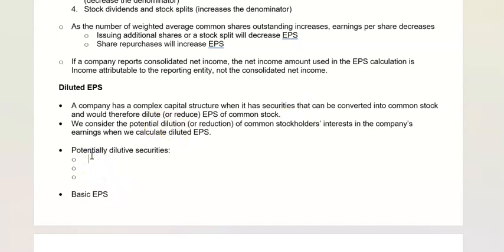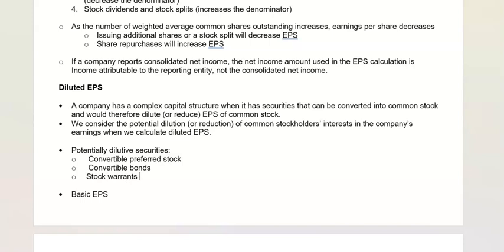Three common examples are convertible preferred stock, convertible into common stock at the discretion of the holder or the investor in the preferred stock shares; convertible bonds, bonds issued by the company that allow the bondholder to decide if and when they want to convert those bonds into shares of common stock; and another common one is stock warrants.